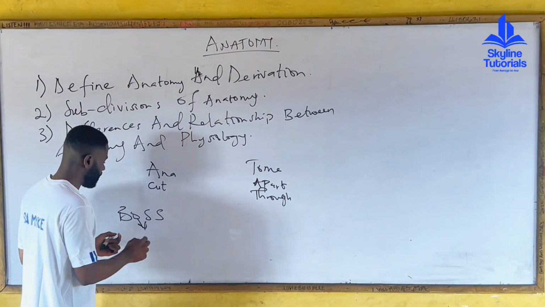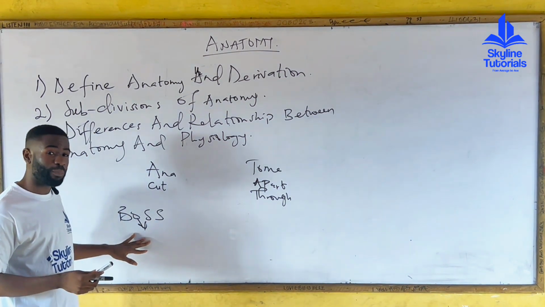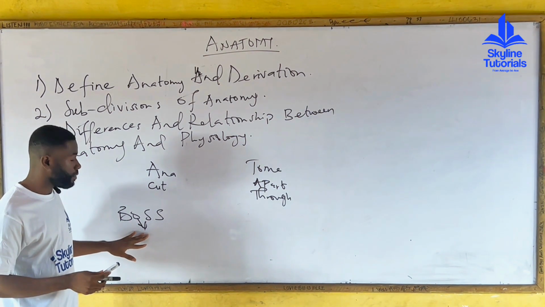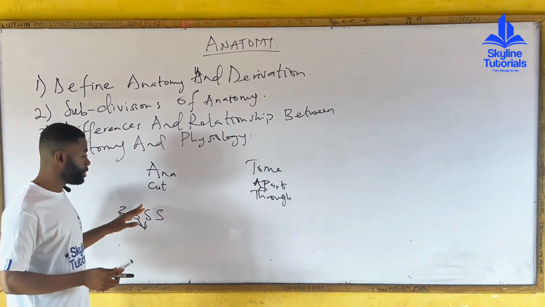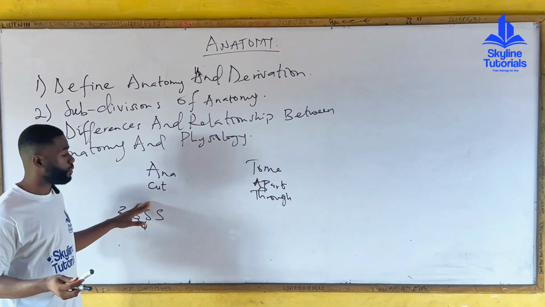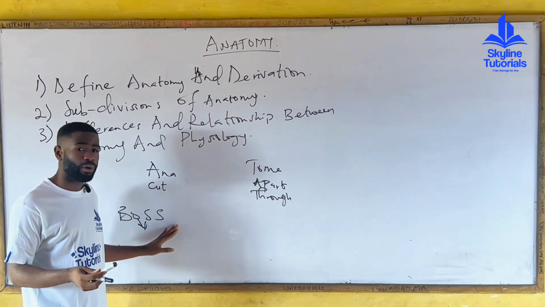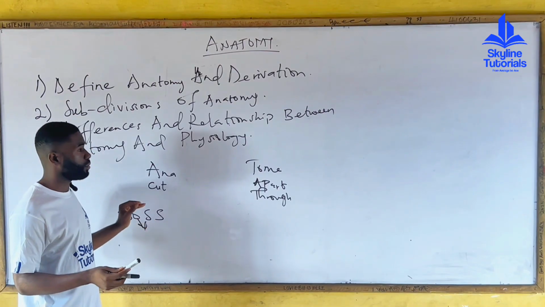Okay, so we have here organization. Organization simply means the makeup, the composition of the human body. The shape, what is the shape of all of these parts of the human body, and then the structure, what is the form or the nature of the different parts of the human body.